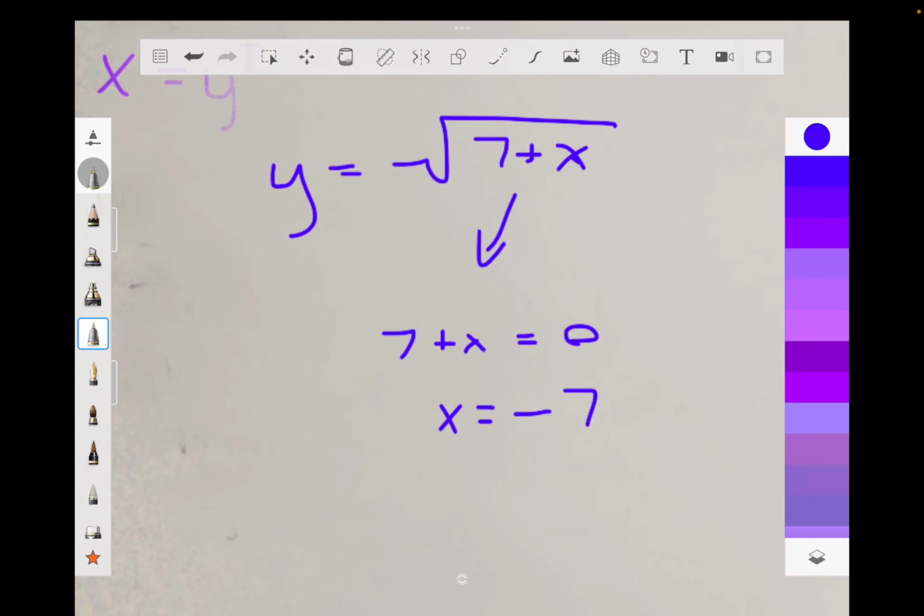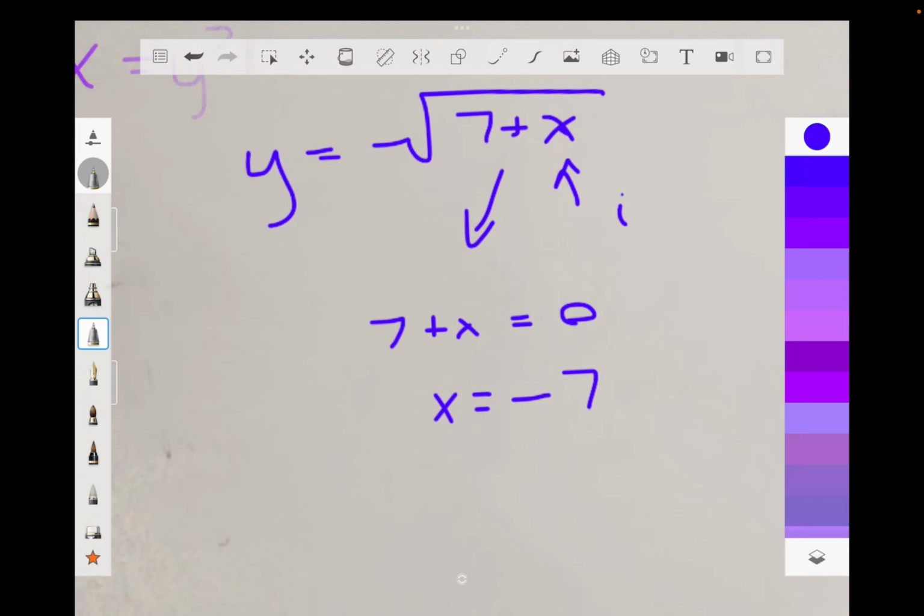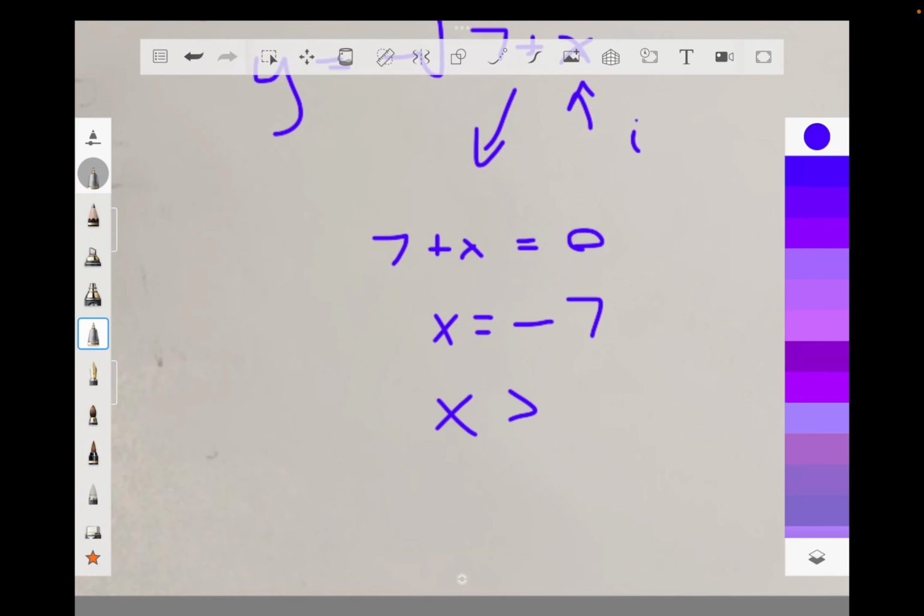Any number that is lower than negative 7, like negative 8, negative 9, negative 10, those numbers are going to give you a negative in here, which is imaginary. And so any x value that is greater than or equal to negative 7 is good.